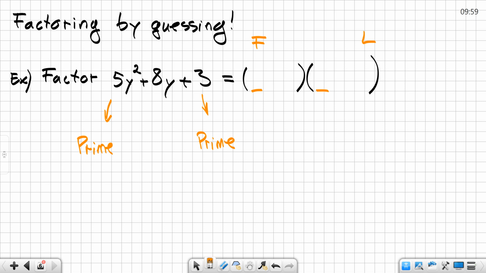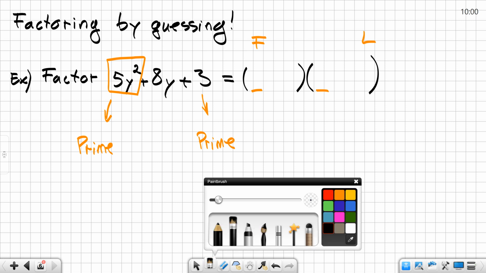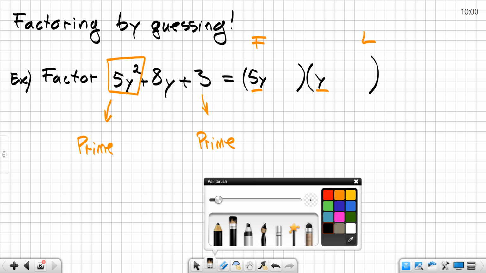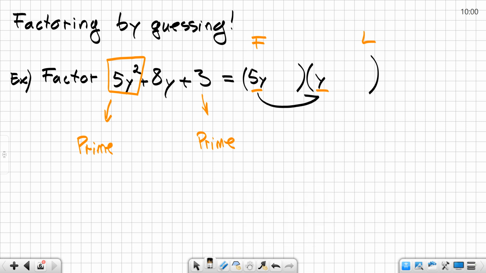The product of the first has to get you 5y squared. There really is only one way to do this. By taking 5y here and 1y right there. This would then get you the product of the first, and this will be 5y squared.